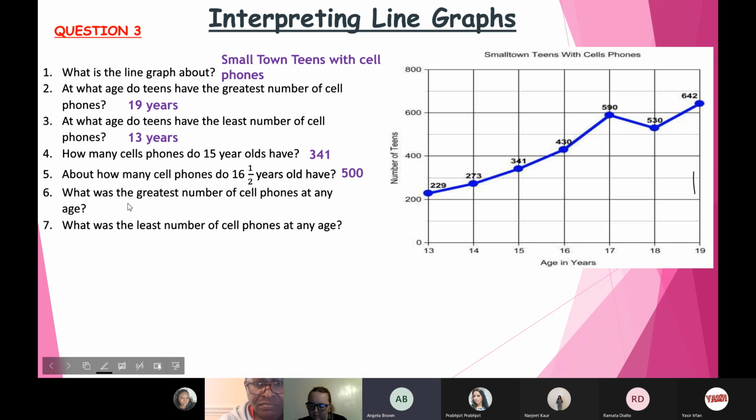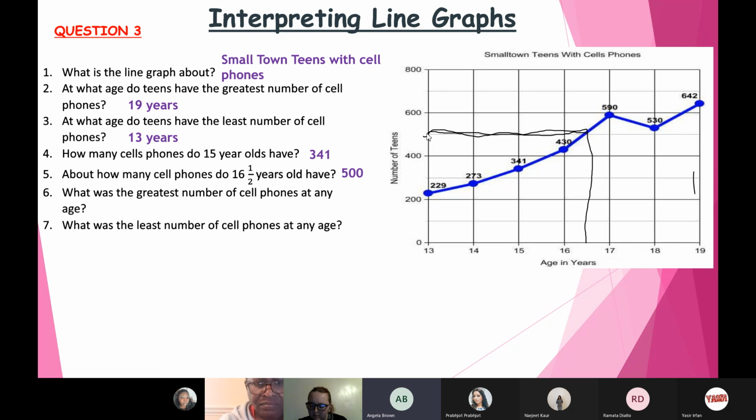About how many cell phones do 16-and-a-half-year-olds have? Well, 16-and-a-half. So what you're doing, you're going up and you're sort of reading as you go across. Now, mine is not very good because my line's over, but it should be underneath and straight like this.